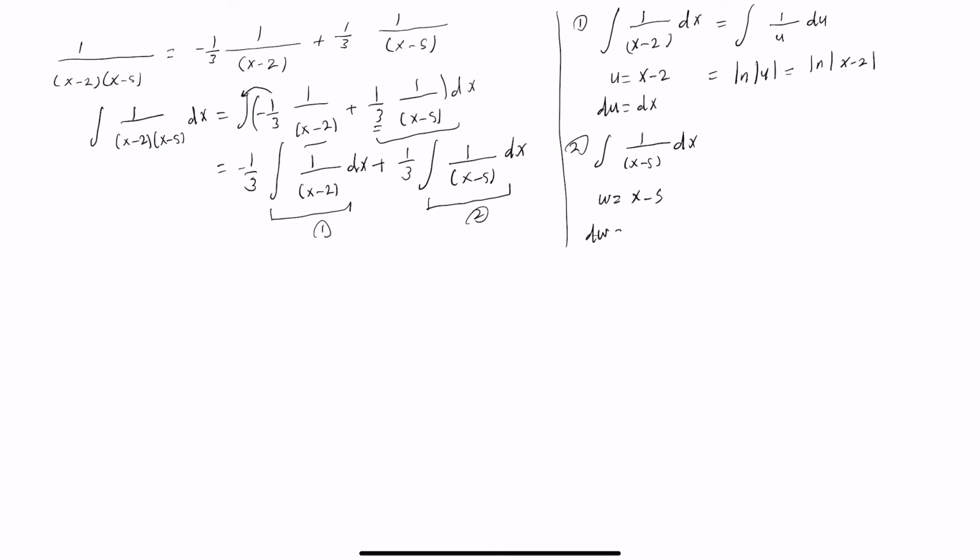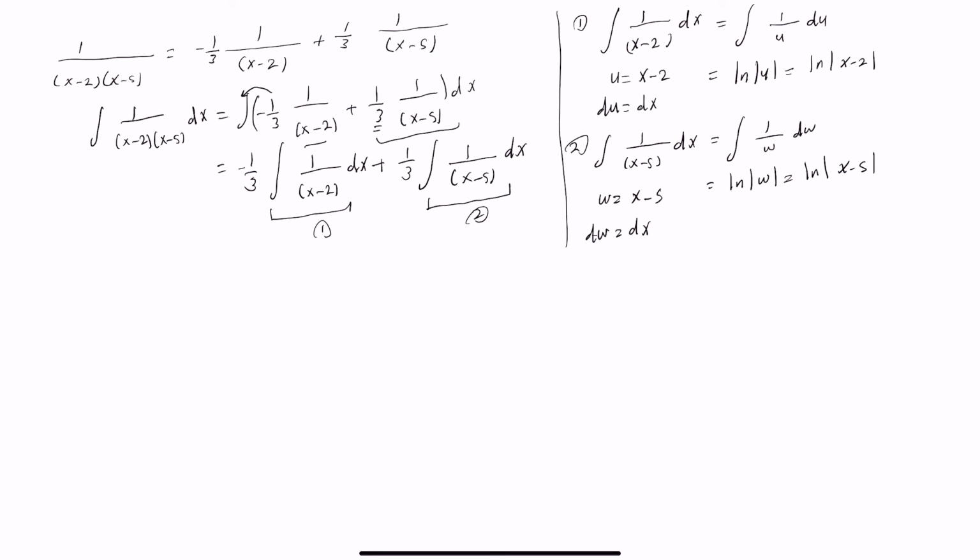Therefore, dw is equal to dx. Now I'm ready to substitute. This integral is 1 over w dw, which is the natural log of the absolute value of w. Back substituting, it's the natural log of the absolute value of x minus 5.